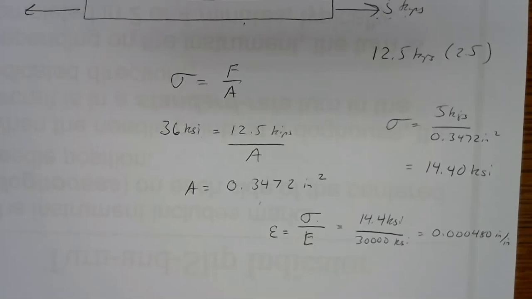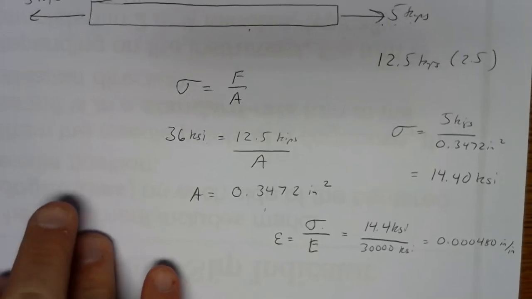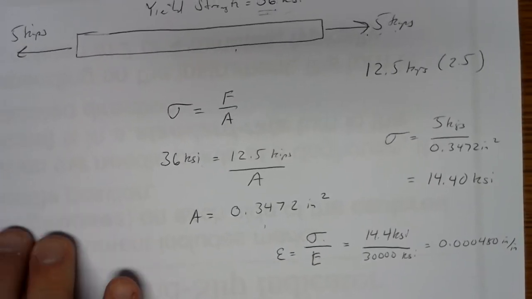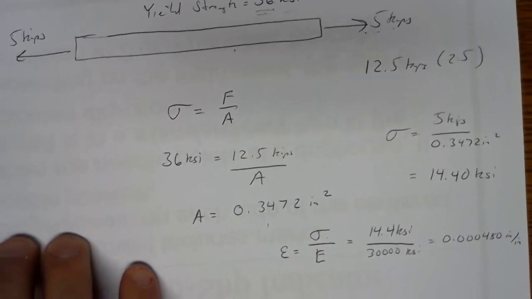Let's try one with rivets. So let's try a design problem there. Let's say we've got a lap joint, similar to the previous problem here, same rivets, since we always use AD rivets.